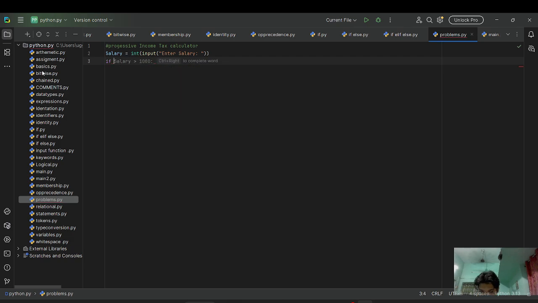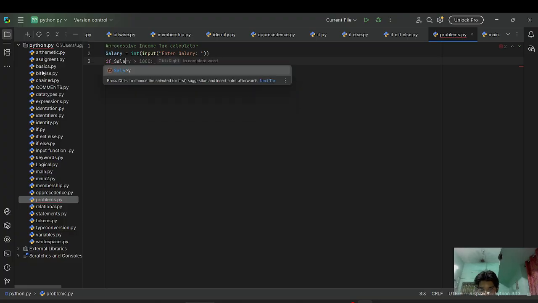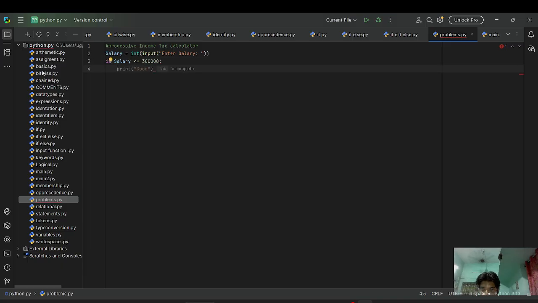So if salary is less than or equal to around 3 lakh, then tax equal to 0.